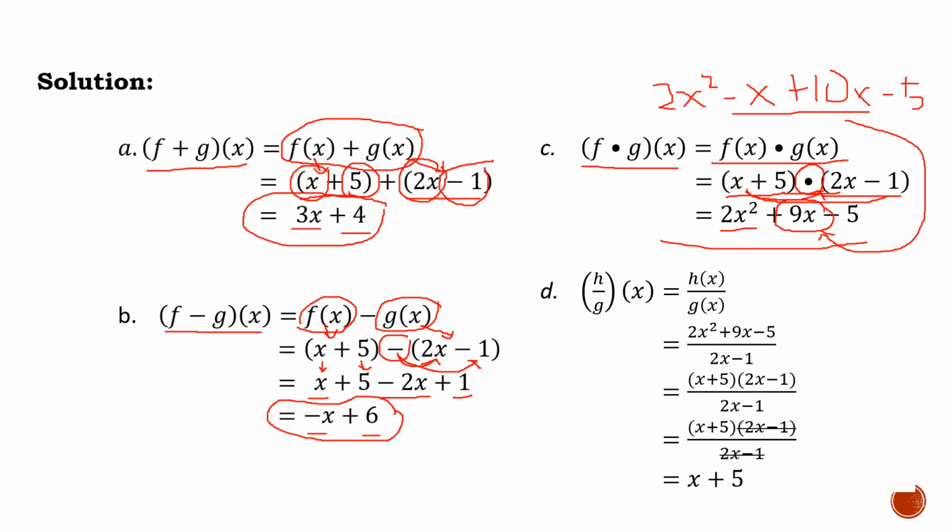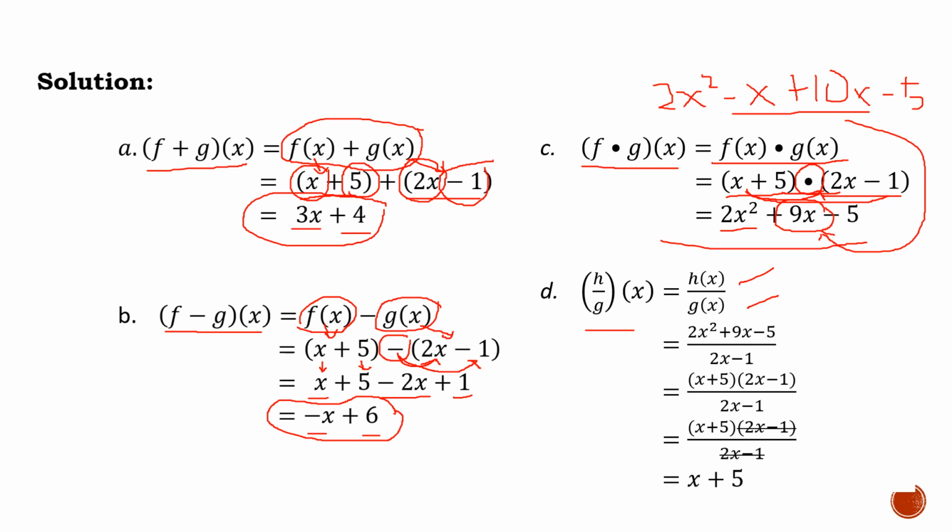For letter D, your h over g of x now is equal to h of x over your g of x. So we just simply copy the values of your h of x and your g of x, but we exclude, again, from our definition, we exclude the values that make your g of x or your denominator equal to 0.